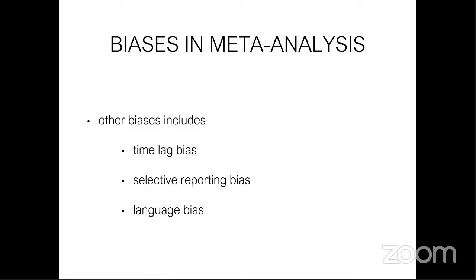Other biases include time lag bias, selective reporting bias, and language bias. For example, if a study is in Hindi, and I was the one looking for studies, of course, I would only pick out English-only journals, and that in itself is a big bias.